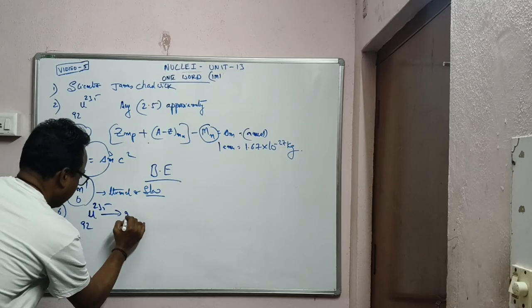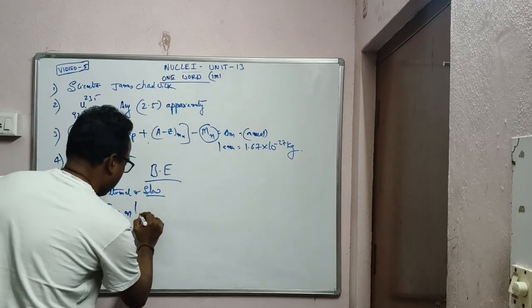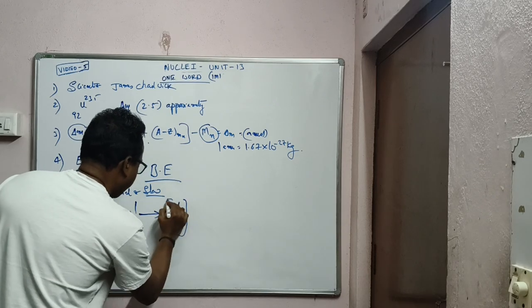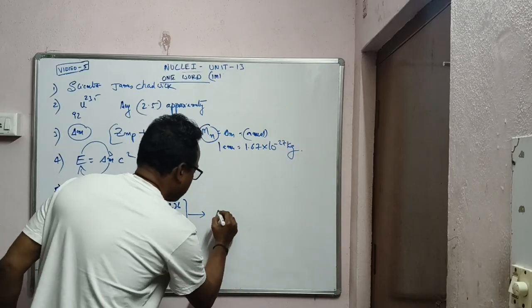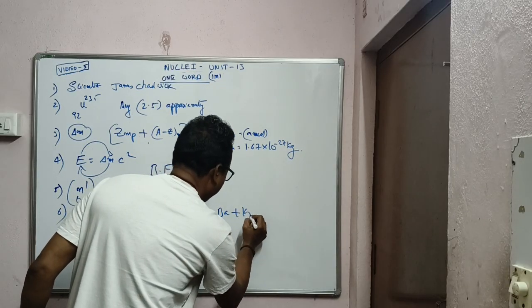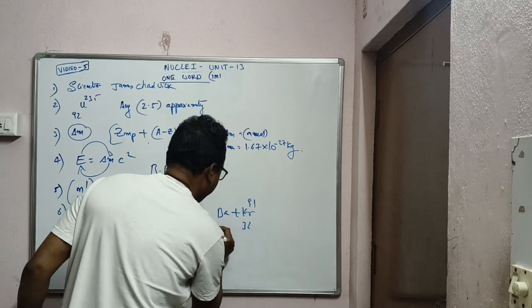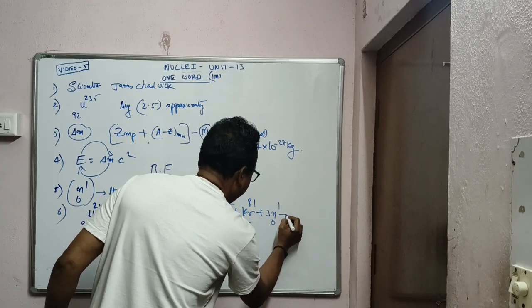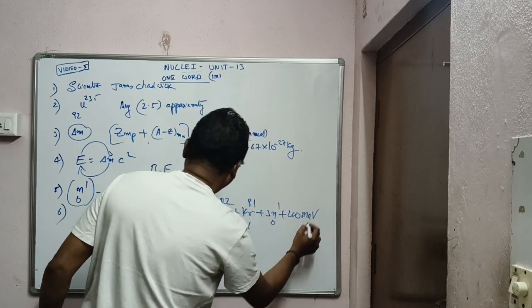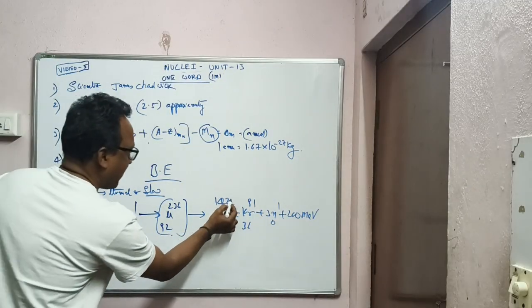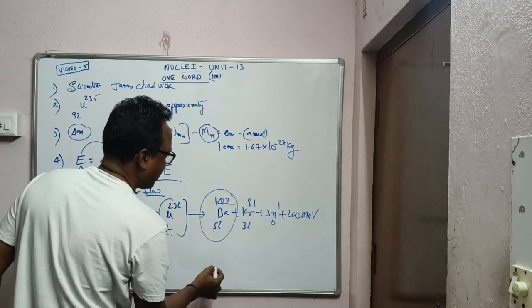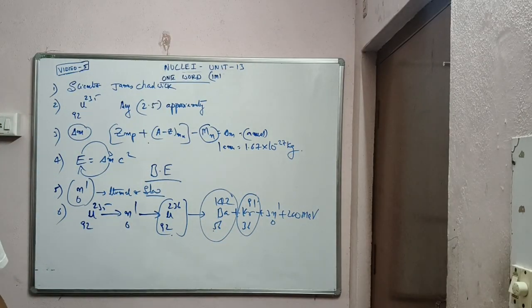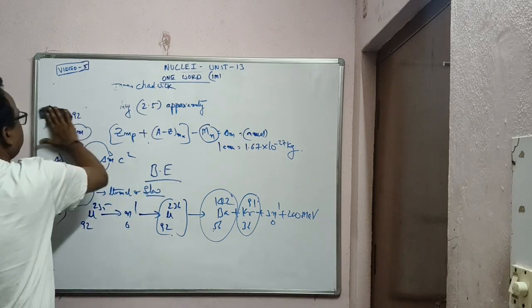In general, when it participates with a slow moving neutron, first of all it goes to the excited state, that is 92 236, and gives rise to barium and krypton: 36 91 and 56 142, plus 3 neutrons plus 200 million electron volts. This is the excited state. So barium 56 142 isotope comes, and krypton 36 91 comes. Those are the released products. That is the sixth question in one word.